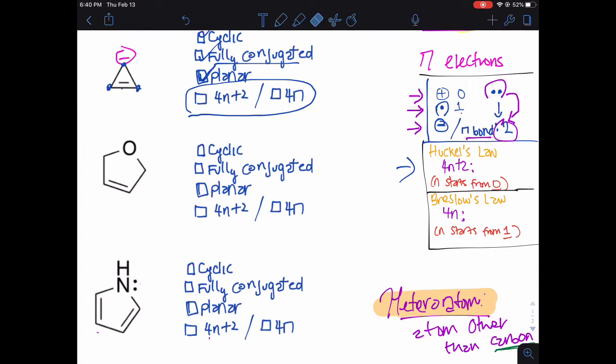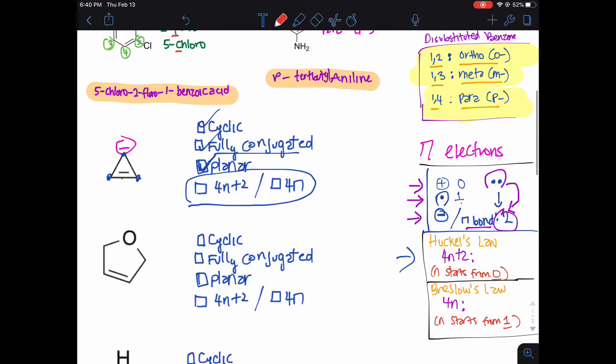So based on what we've learned on how to count our pi electrons, let's see. We see that it has a pi bond there, counting as 2 pi electrons. It has a negative charge, counting also as 2 pi electrons. So if you add these 2 together, that will give you 4 pi electrons.